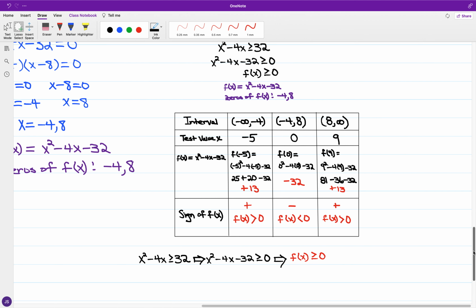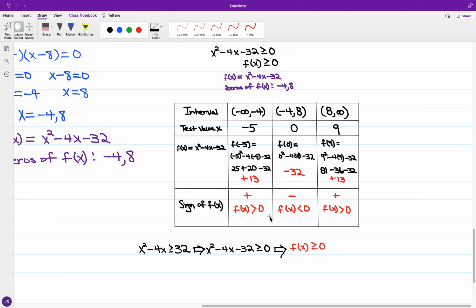Okay, and so for f of x is greater than or equal to 0, we'll have in the case of the solution, now in terms of the direction, you have greater than or equal to 0, and it's going to be in the same direction as what we have with f of x is greater than 0. Alright, so just looking at what we have in the case of the potential limits.